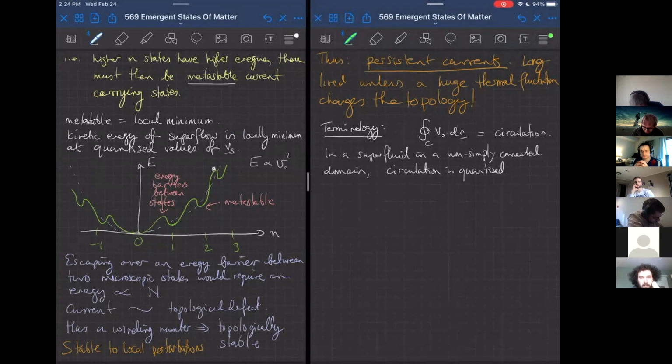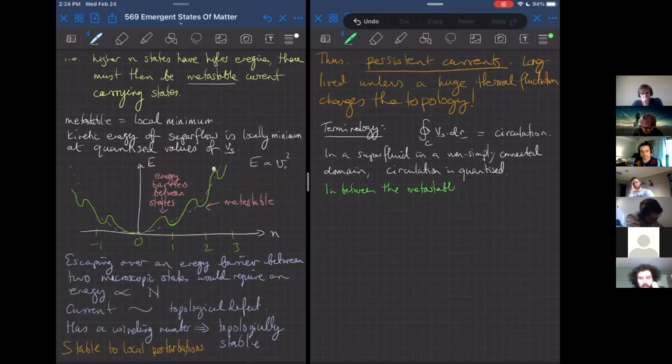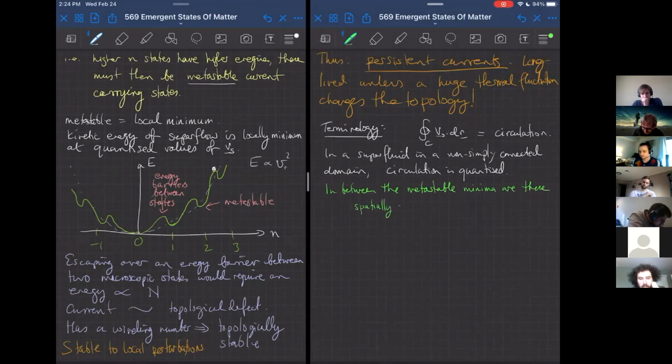In between the metastable minima are these spatially non-uniform, unstable field configurations.